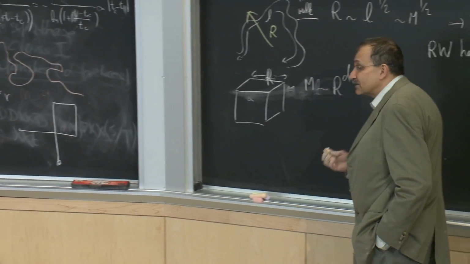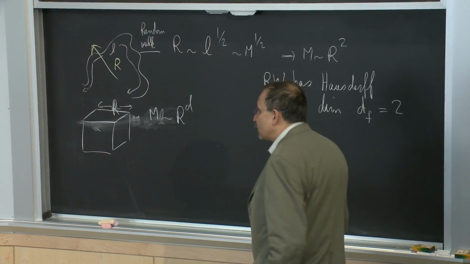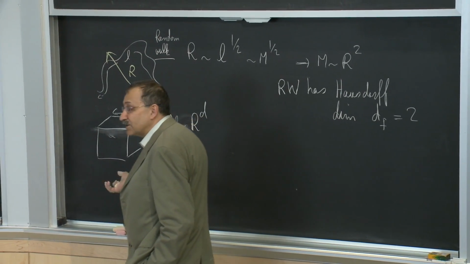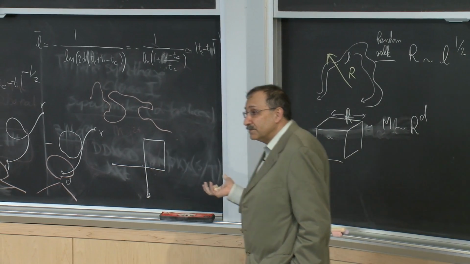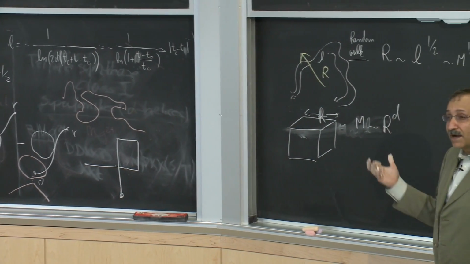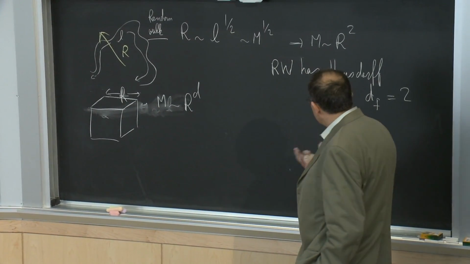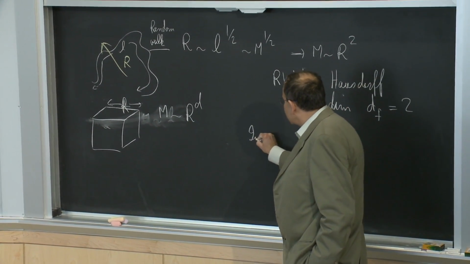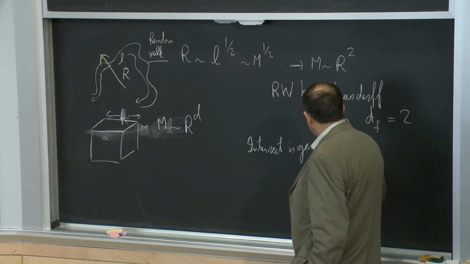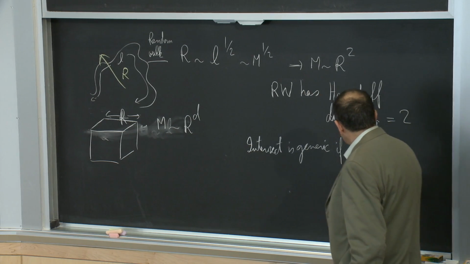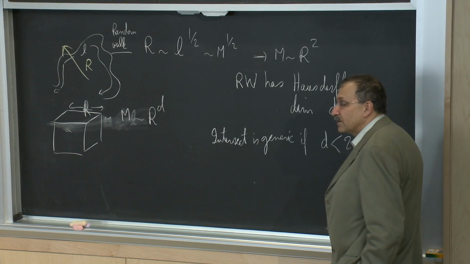So if you ask how bad it is that I ignored the intersection of objects that are inherently random-walky in sufficiently high dimensions, the answer geometrically would be: intersection is generic if d is less than 2 d_f, which is 4, okay?